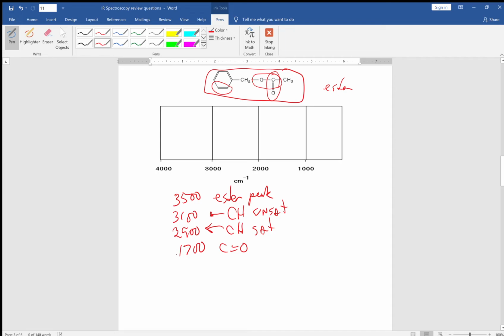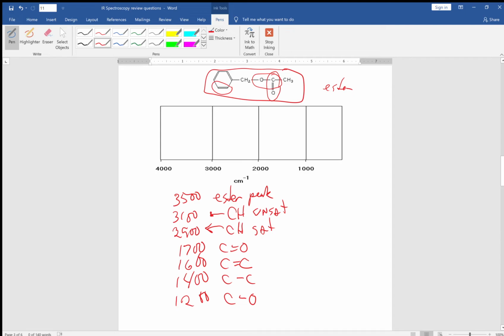We have the carbonyl peak at 1700 and the carbon-carbon double bond at 1600. At 1400, we have carbon-carbon single bond, and at 1200, we have a carbon-oxygen single bond.